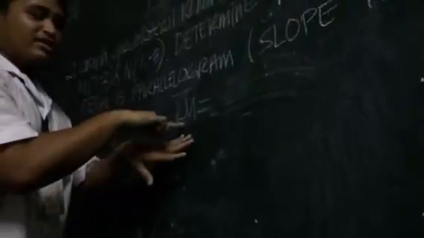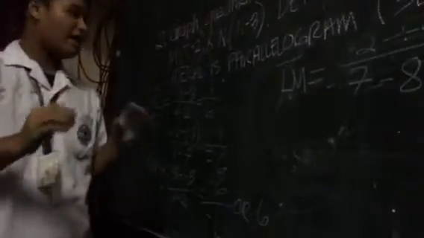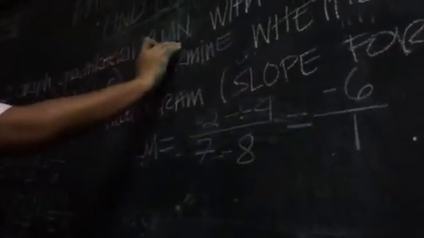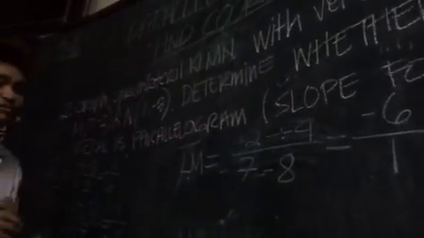Again, in this case, we are going to use the slope formula for the next side: -2 minus -4 and 7 minus 8. -2 minus -4 is -6, and 7 minus 8 equals -1. So, since opposite sides have the same slope, I conclude that quadrilateral KLMN is a parallelogram by definition.